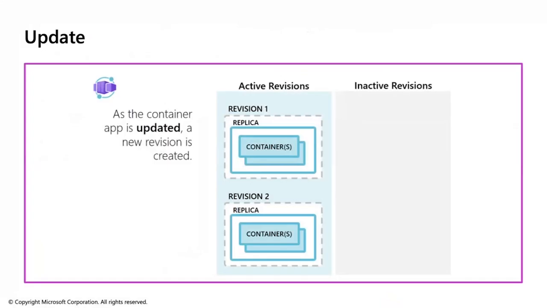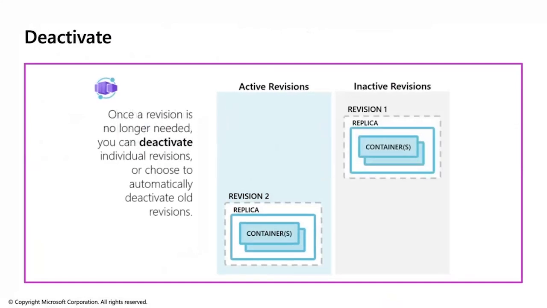And these are all in the active revision phase, active revision condition. And this will keep happening till, when any revision of the container app is not needed, you can deactivate it. When you deactivate, it will automatically move to the inactive revision phase.